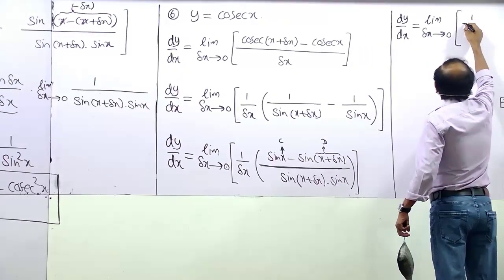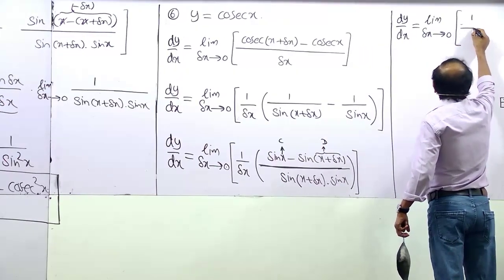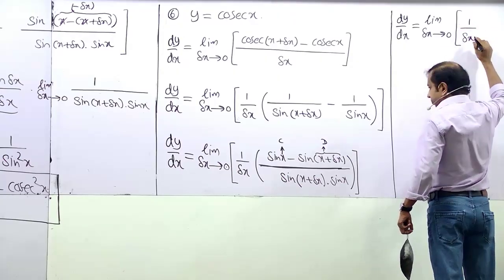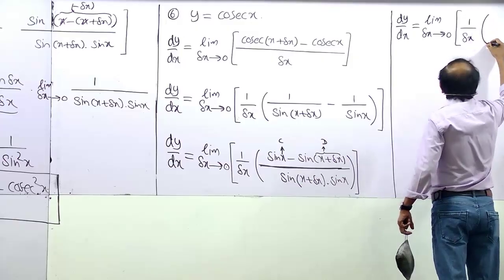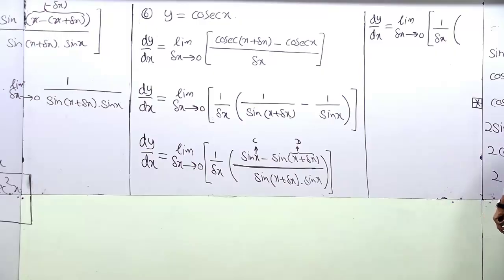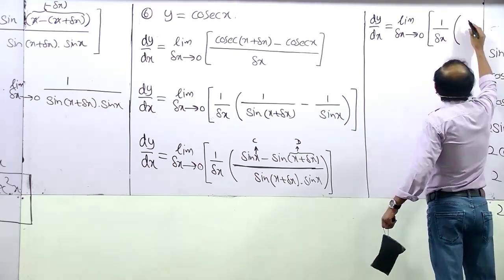One over delta x, sin C minus sin D, 2 cos.